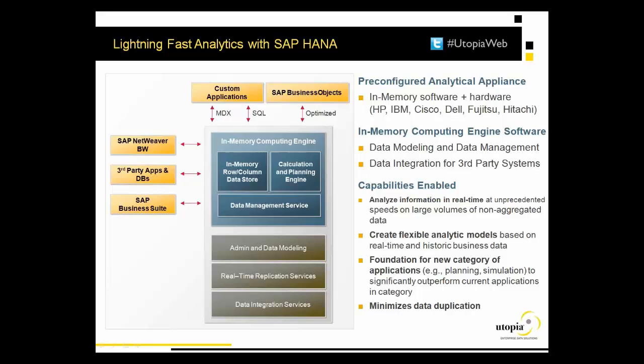So the capabilities are based on the fact that within HANA you've got your in-memory computing engine, which is a row and column data store, plus the calculation and planning, along with your data management services.